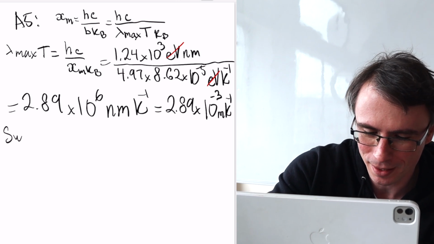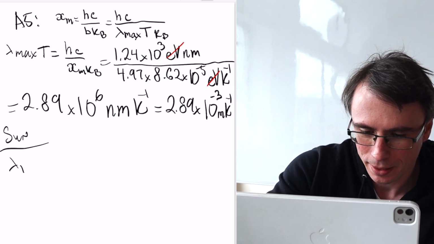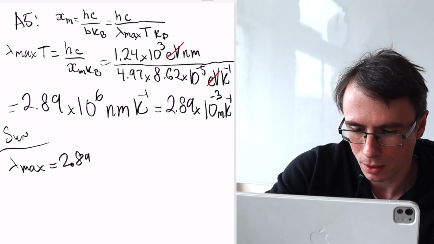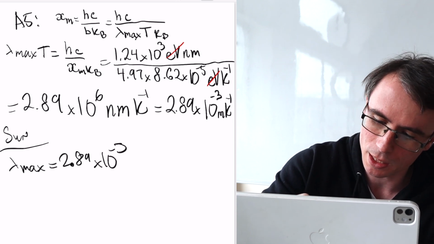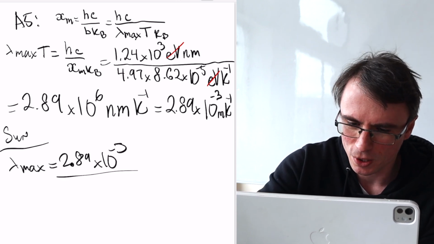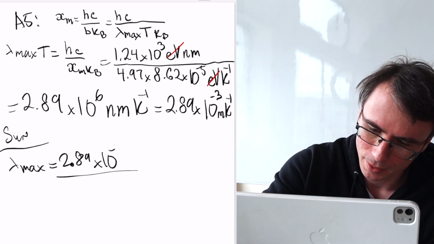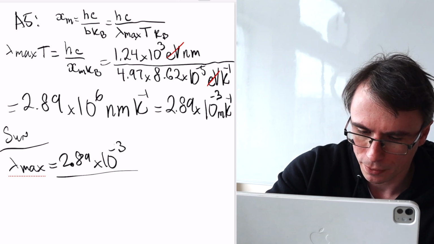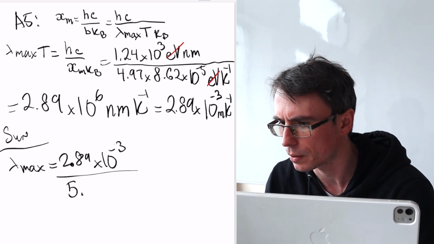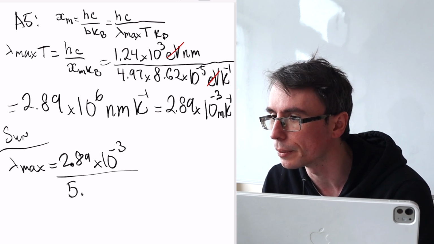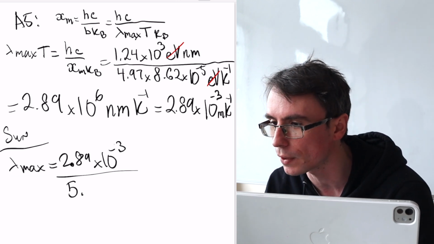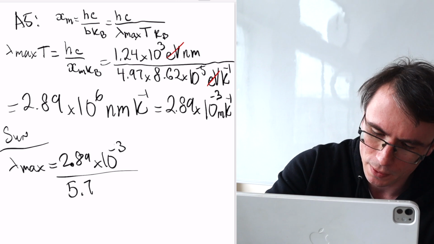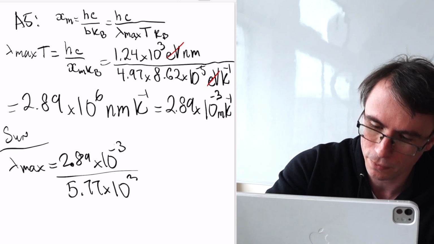So let's start off with the sun. Lambda max will be equal to this constant, 2.89 times 10 to the -3, and then divide that by the temperature of the sun, which was given as 5.77 times 10 to the power of 3 Kelvin.